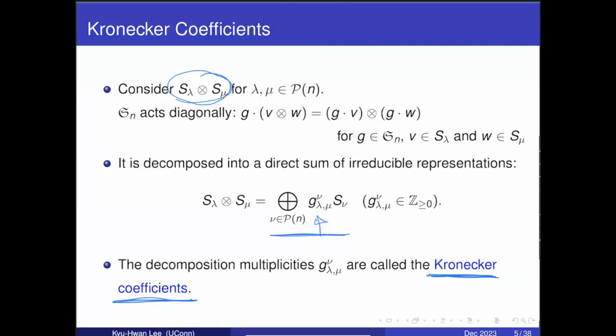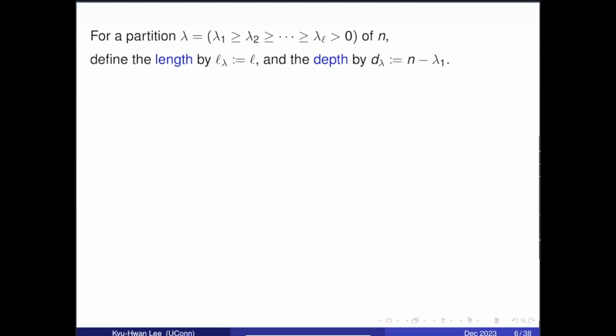But they are difficult to calculate, and still we don't know much about these Kronecker coefficients. Individually, we can calculate these coefficients, but overall, we don't really understand them. But there are some standard facts about these coefficients. So let me talk about this.